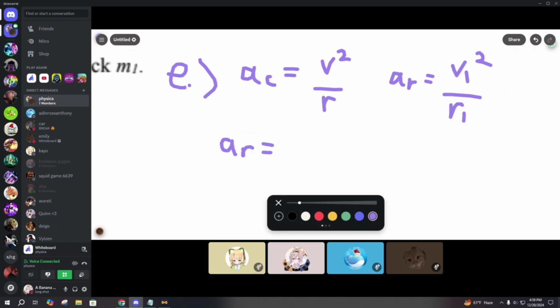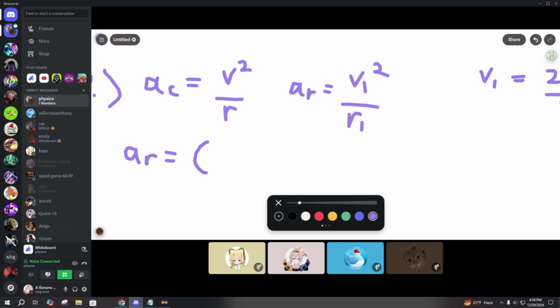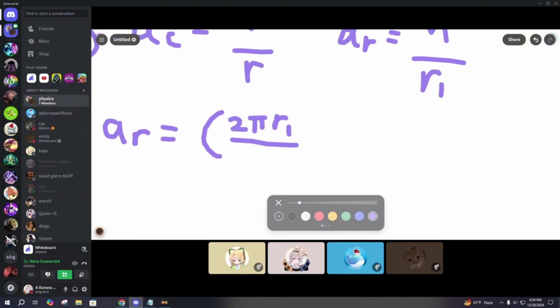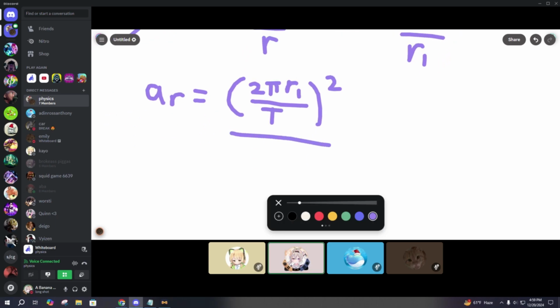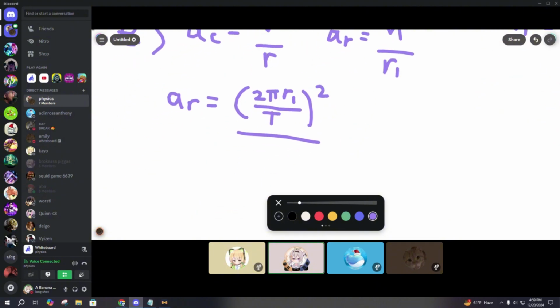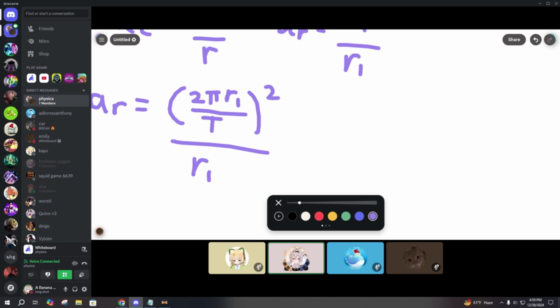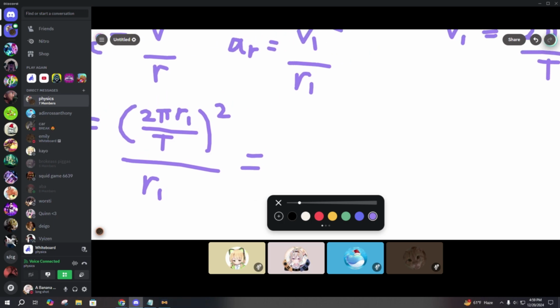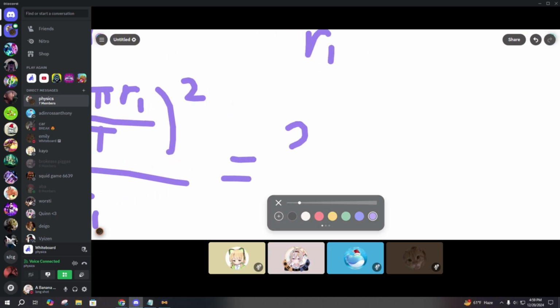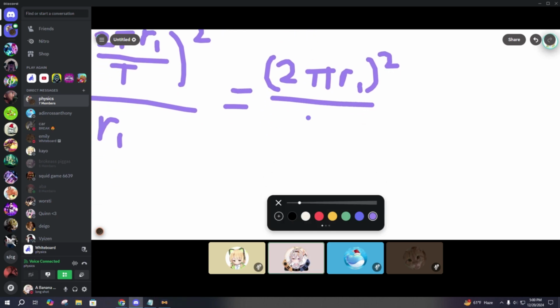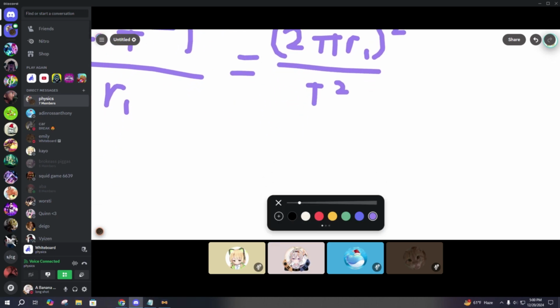AR is equal to 2 pi R1 over T, squared, and that's only V1 squared, so that's all over R1 too. And let's simplify that. Squared is going to go into there, so it's going to be 2 pi R1 squared over T squared, and then R1.